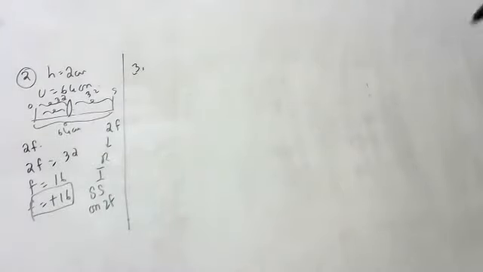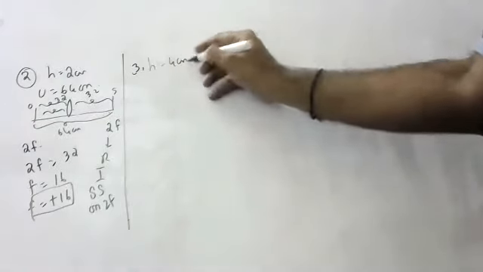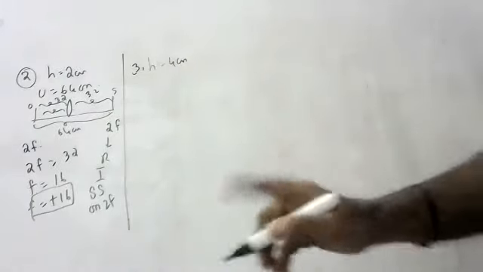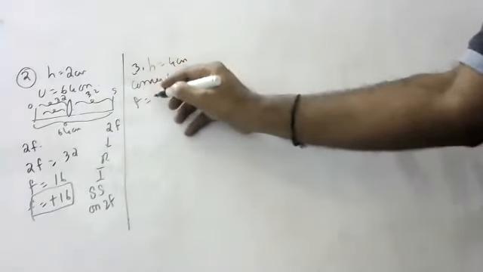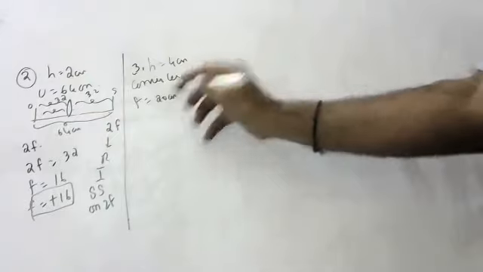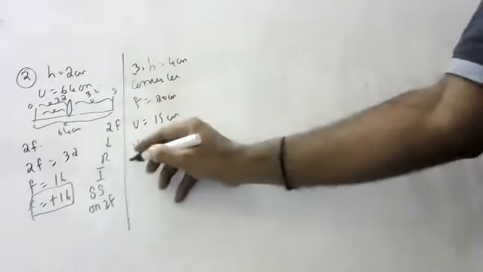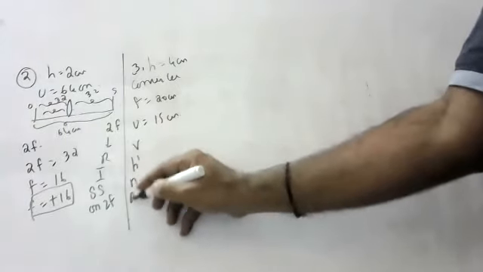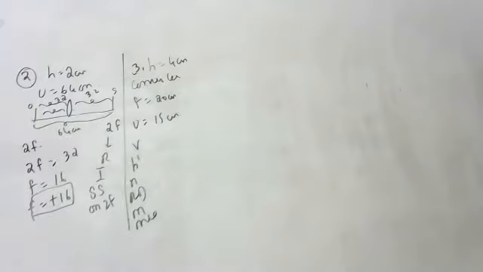A 4 centimeter tall object is placed on the principal axis of a convex lens of focal length 20 centimeters. Object distance is 15 centimeters. We have to find out v, h dash, nature, ray diagram, magnification, everything.